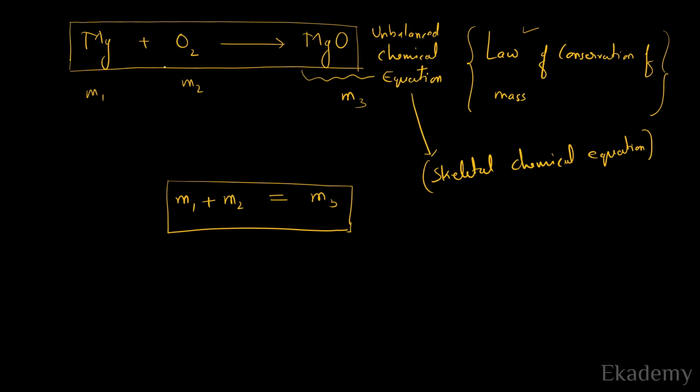Now, how many atoms of oxygen and magnesium are combining to form how many molecules of magnesium oxide, that information is missing in this chemical equation, and hence it is unbalanced, just a skeletal chemical equation, and there is a need to balance it, which we are going to see in the next lecture. We will see how to balance a given chemical equation.